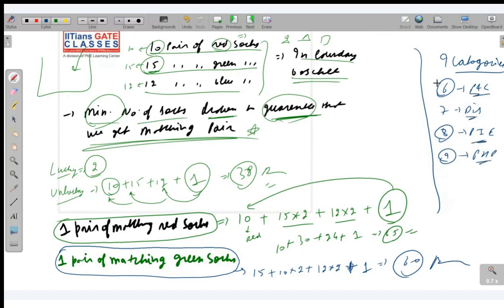And with each category I have told you what the keywords are and all. So in the GATE exam you just have to identify the category, apply the formula and get the answer. That is a very simple thing. Okay. So now we will jump to the next chapter of combinatorics, that is the summation part, and the first topic is generating functions. So let me start that. Let me jump to the next slide.